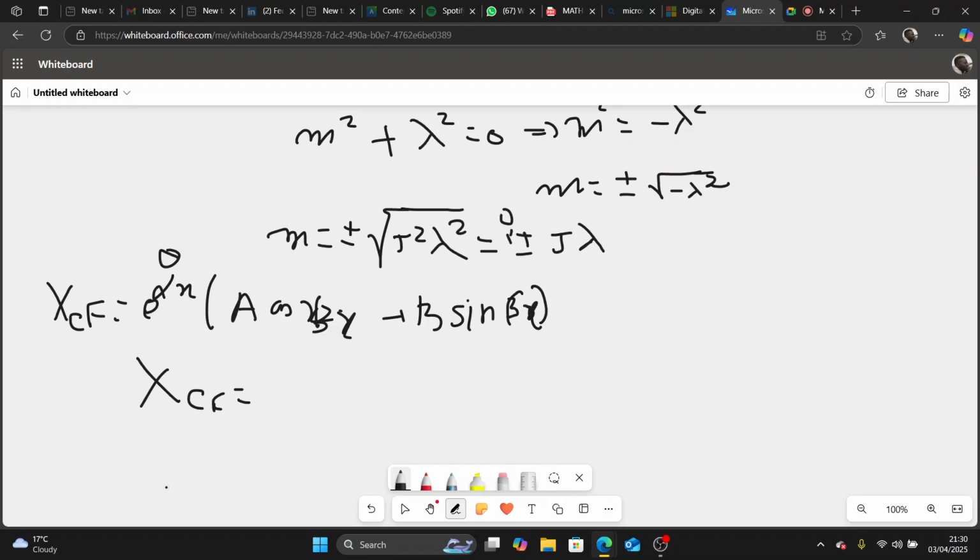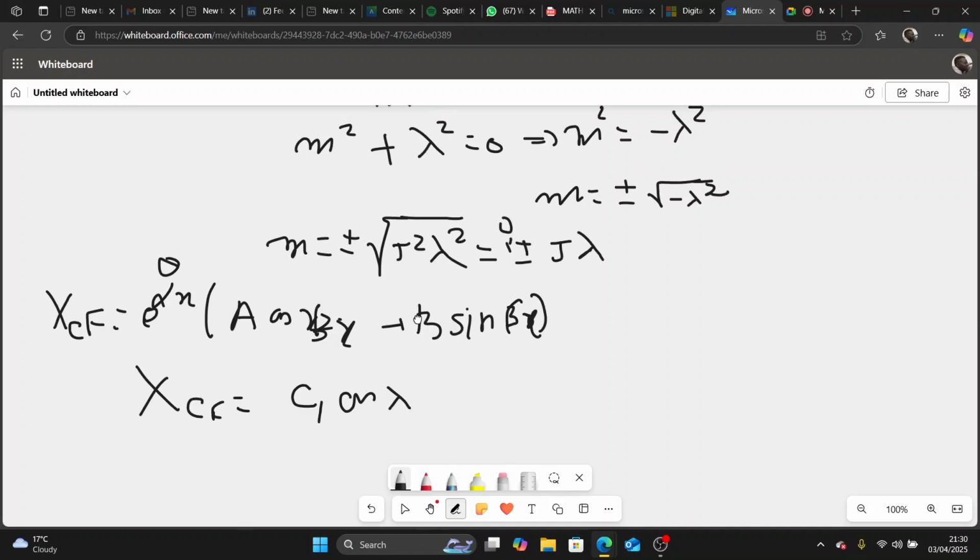Are you with me? I'm with you. So this side, I usually like calling this C1, C2. I don't like A, B. So I will call it C1 cos lambda x. You take the expression next to j here, which is lambda.